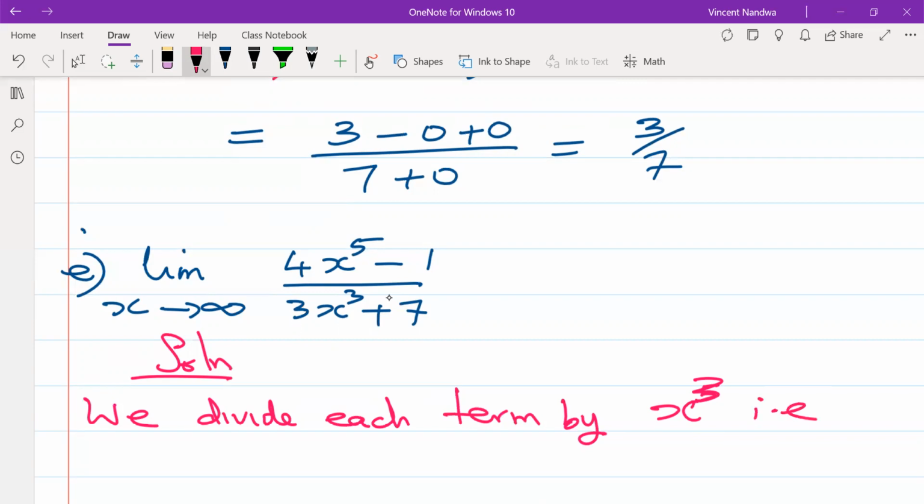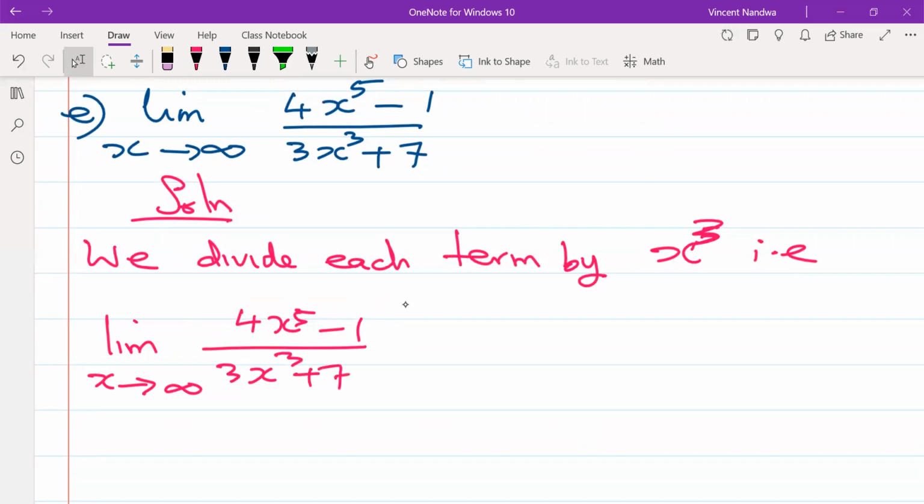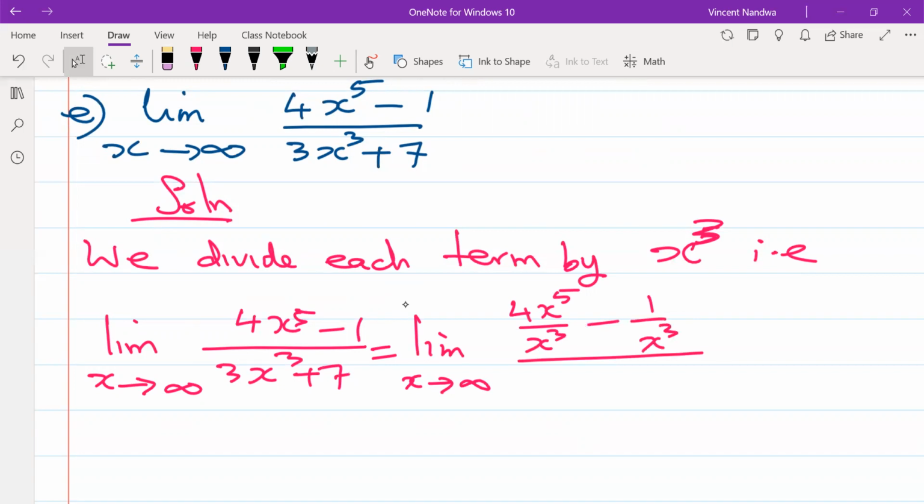So this is what we'll have: limit as x approaches infinity of 4x power 5 minus 1 over 3x cubed plus 7 is limit as x approaches infinity of 4x power 5 over x power 3 minus 1 over x power 3 over 3x cubed over x power 3 plus 7 over x power 3. So that's the first step, correct? You identify the x with the highest power in the denominator. Not just any x with the highest power, but with reference to the denominator. That's really what matters.